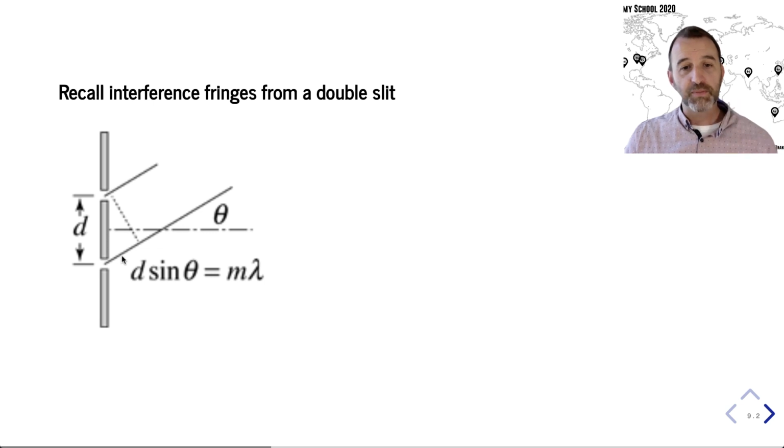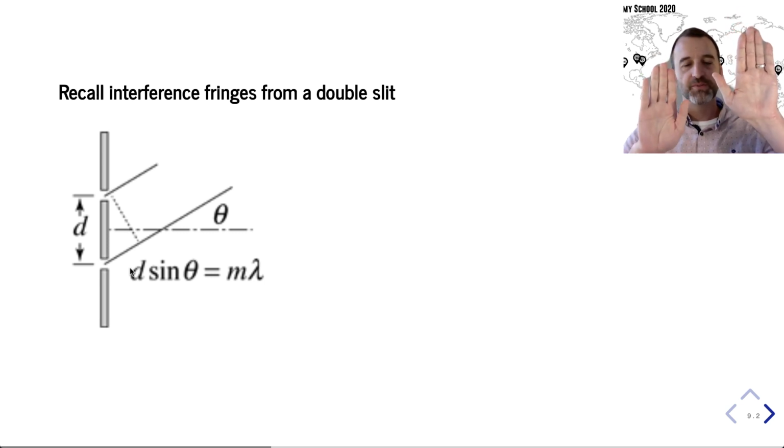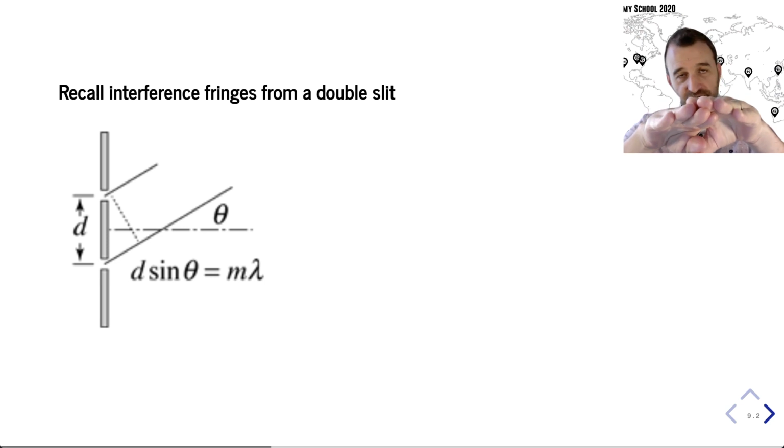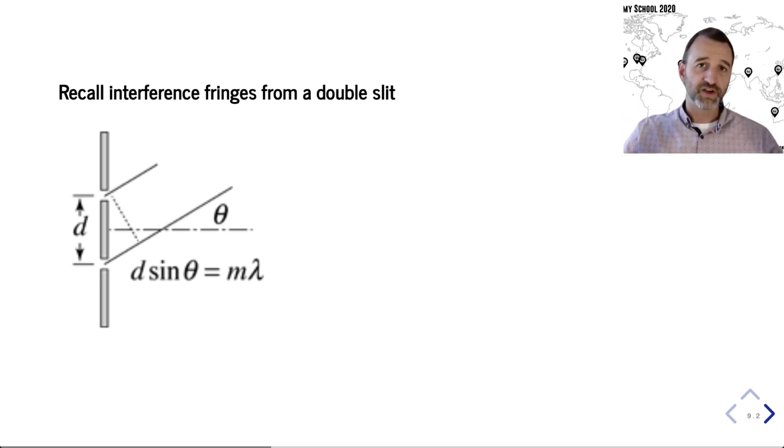You can figure that out by looking at the path length difference here. This is d sine theta, where theta is the angle away from the direct line of sight. If this quantity is an integer multiple of the wavelength that you're using, then light coming in from one slit and light from the other slit are going to come together in phase at your detector, and so you get constructive interference.